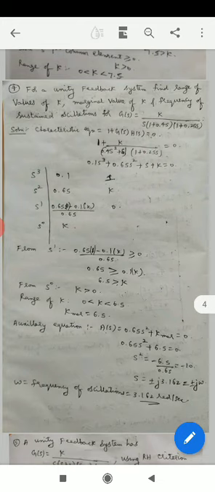We have found the k marginal value is equal to 6.5. So we will write it as 0.65 into s square plus 6.5 equal to 0. So we will get s square plus 6.5; if it goes to the right hand side, you will get minus 6.5 divided by 0.65, so s square is equal to minus 10.